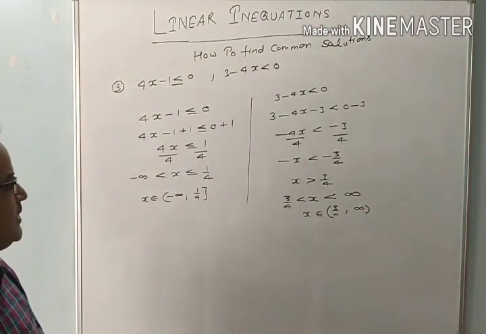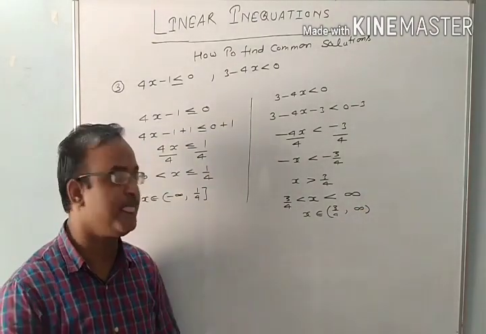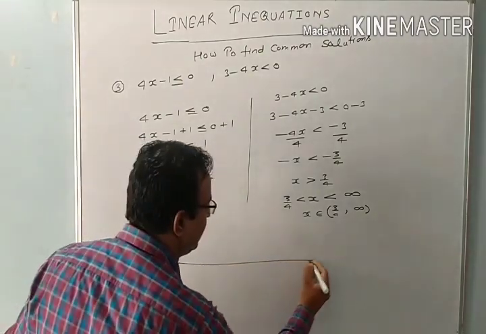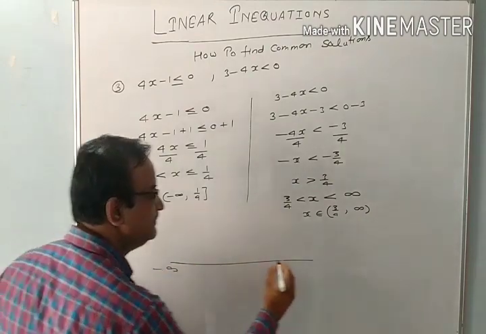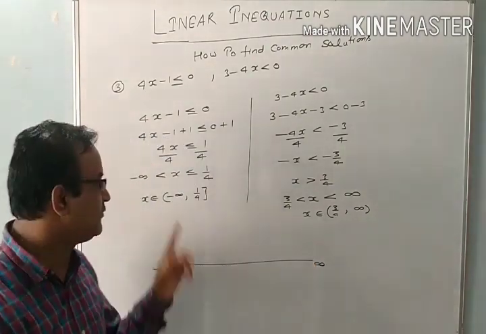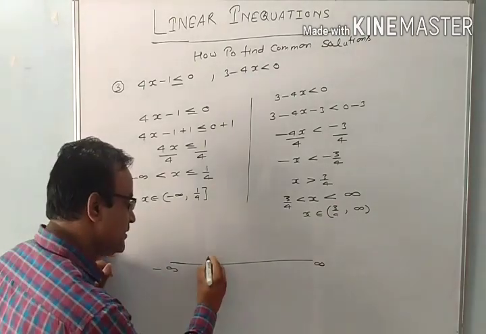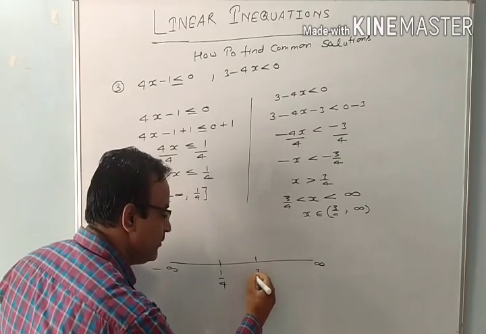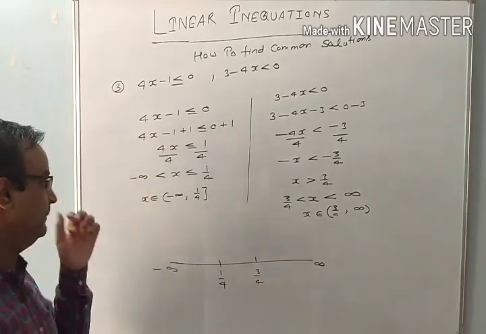Now we have to represent this for the common solution. When we represent, first of all we have to draw a number line. Suppose this is 1 by 4 and this is 3 by 4. Clear?